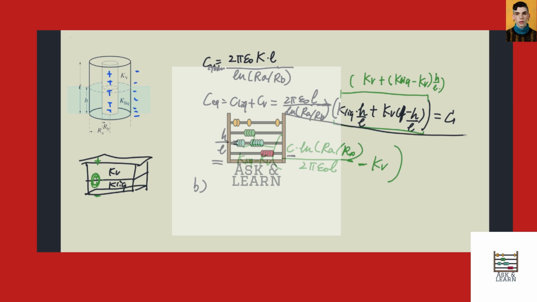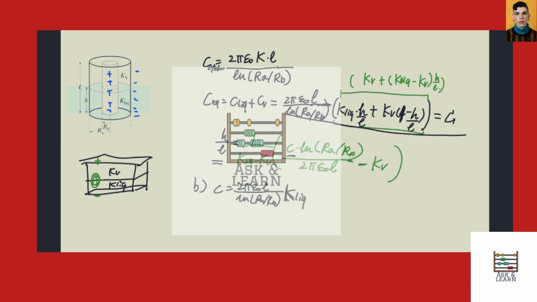When it's completely full, that is when H equals L. What we have is C equals 2 pi epsilon naught L divided by ln Ra over Rb times, because H equals L, the vapor part is going to disappear. So it's just K liquid times H over L, which is 1.